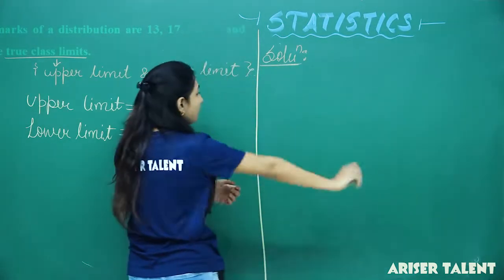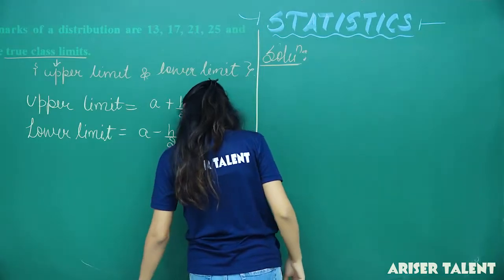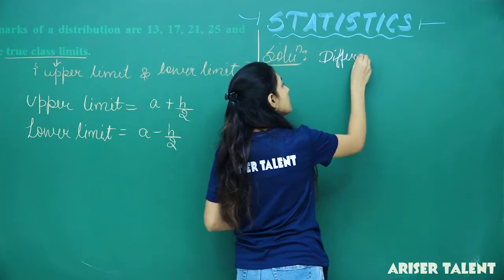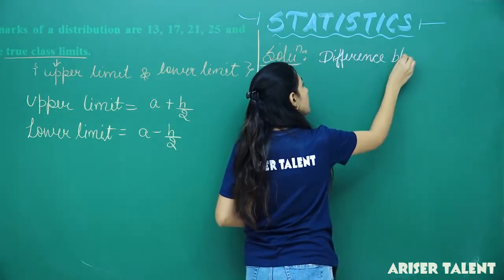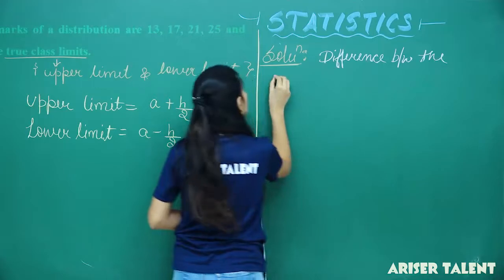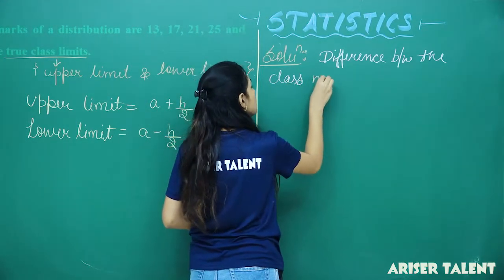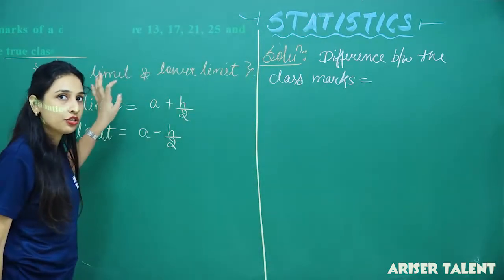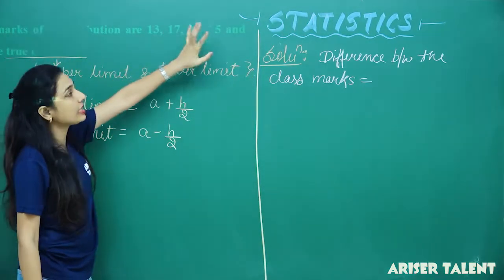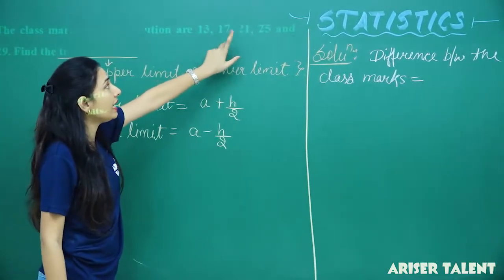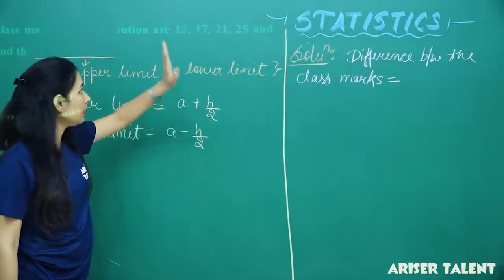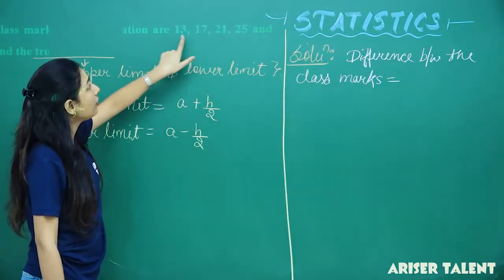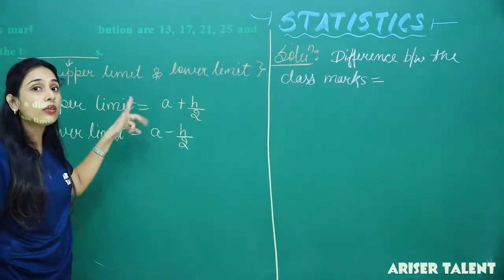Okay. So, the difference between the class marks is equal, because this is evenly distributed, so the difference will be the same in each case. I am just going to pick any three consecutive numbers here and find the difference between them.